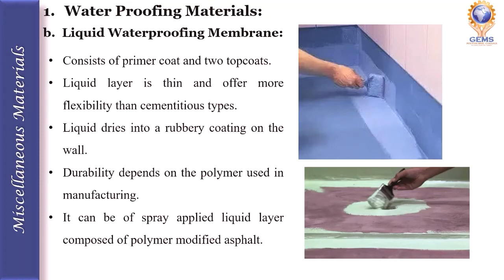These coatings can be applied by spray, roller or trowel. The liquid layer is thin and offers more flexibility than the cementitious type of waterproofing. When the liquid dries, it forms a rubbery coating on the wall. The durability of the liquid waterproofing membrane depends on what type of polymer is used for manufacturing the waterproofing membrane.